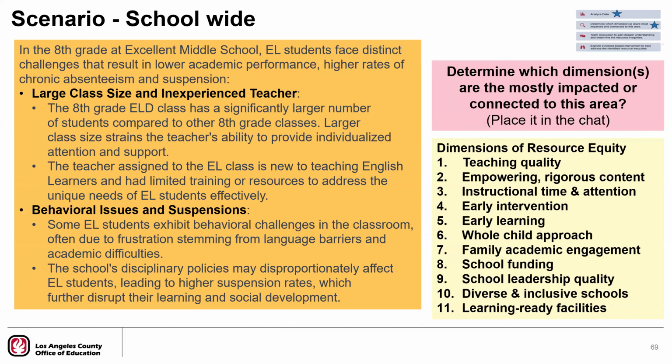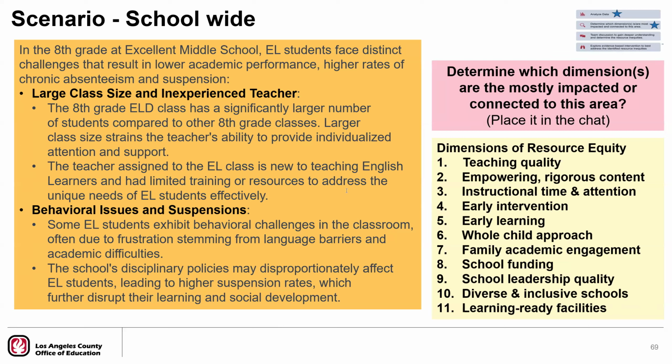Let's take a look at another scenario for identifying resource inequities within a school site for school leaders and educational partners. In the 8th grade at Excellent Middle School, EL students face distinct challenges that result in lower academic performance, higher rates of chronic absenteeism, and suspension. These issues arise from a combination of factors.